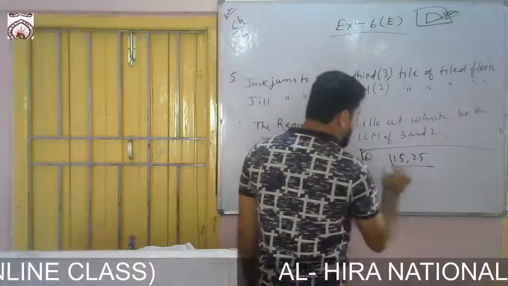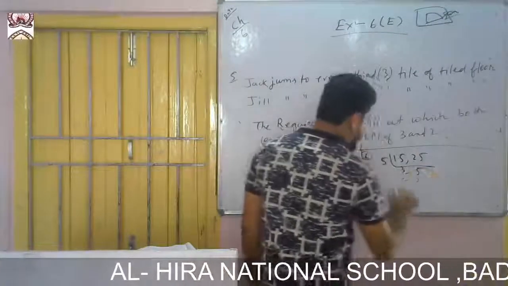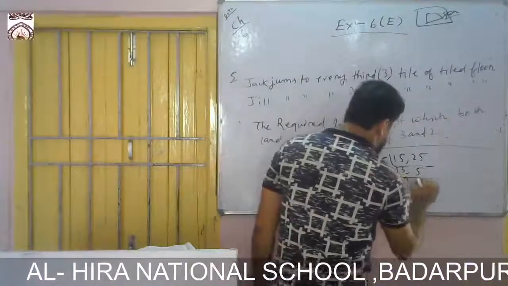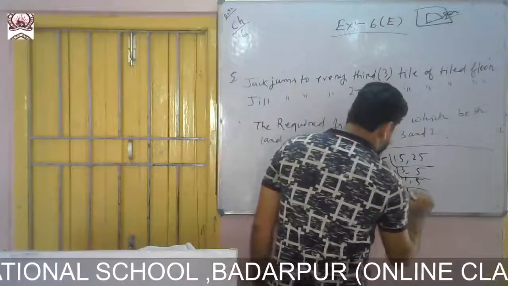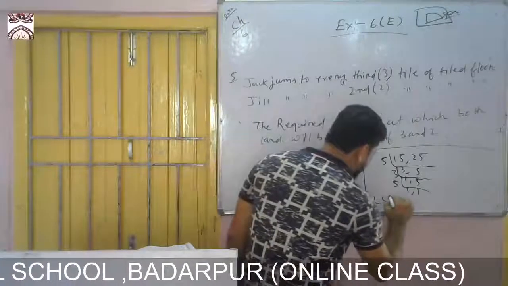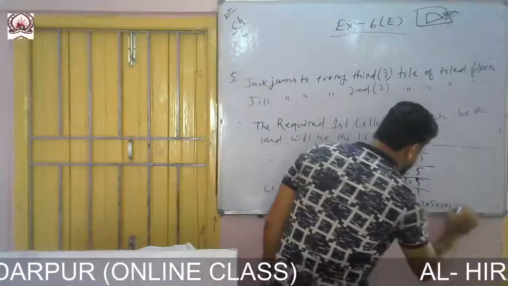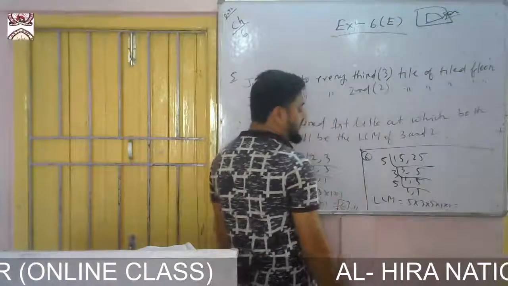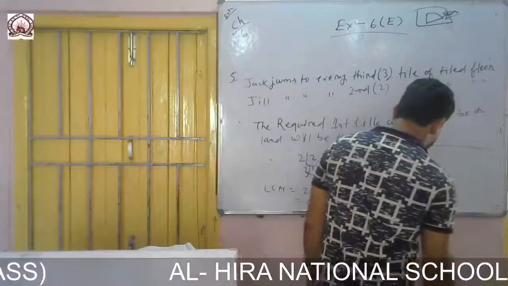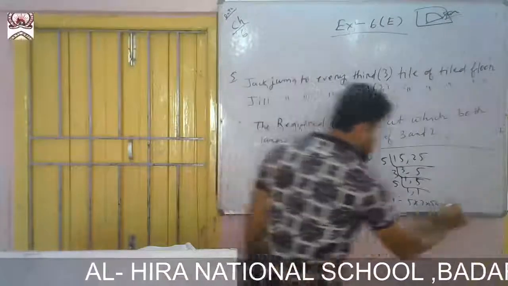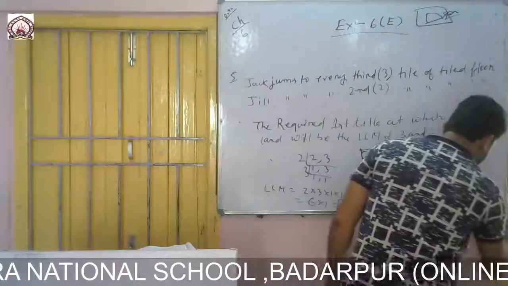So if you take this one, 5 3s are 15, 5 5s are 25. Again 3 1s are 3, then 5 will remain. Again with 5, 1 remains and 1. So LCM is 5 into 3 into 5 into 1 into 1. 5 3s are 15, 15 5s are 75.